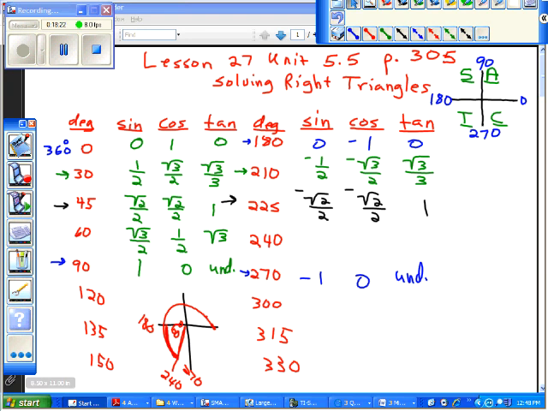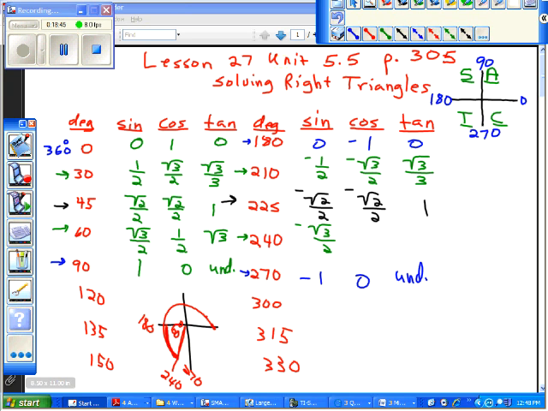So when I'm looking at 240, I'm really thinking about its reference angle, 60. So we're thinking, okay, what's sine 60? Square root 3 over 2, but I'm in quadrant 3 where sine is negative.